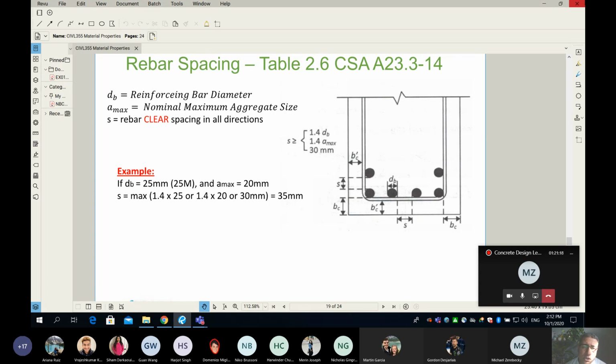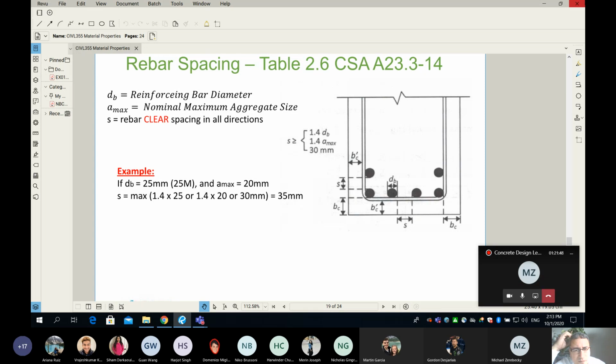But sometimes for a slim member, with smaller thickness, like concrete tubing and slab, like your basement slab where the thickness is only 4 inches, we use a small aggregate, which is 10 millimeter. In my class here, we will always use 20 millimeter, 3/4 inch aggregate.